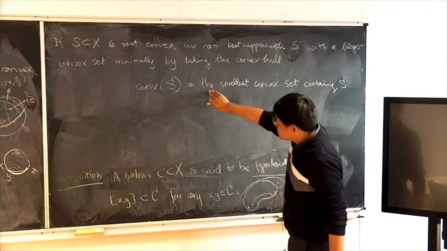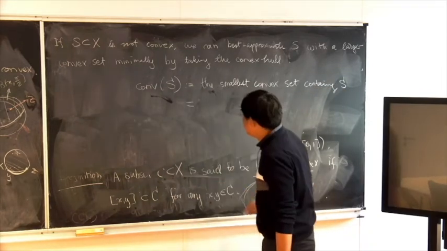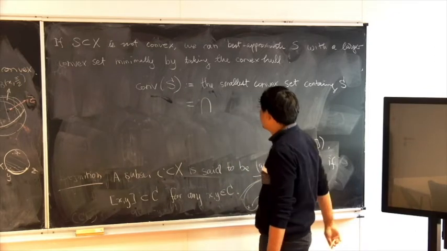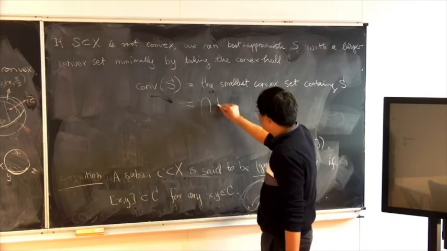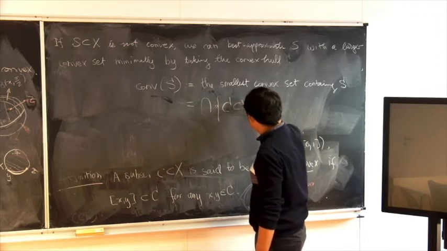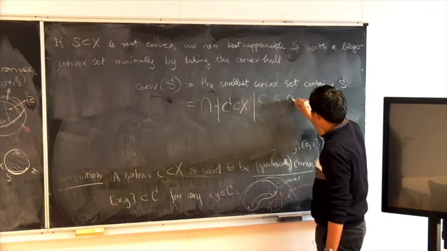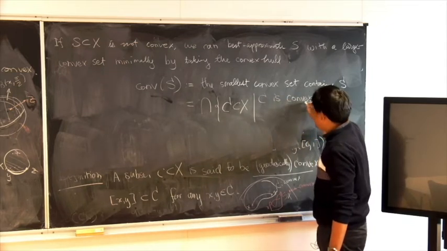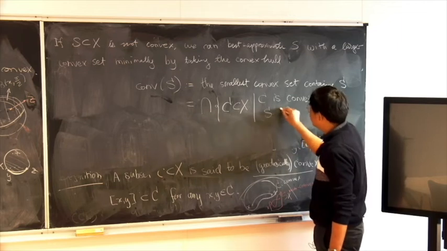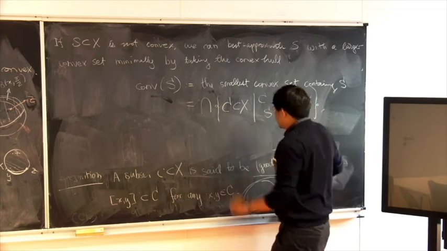I use "the" because this convex hull is uniquely defined, and actually it is the intersection of any set C, subset of X, such that C is convex and S is a subset of C. Okay, we take this intersection.